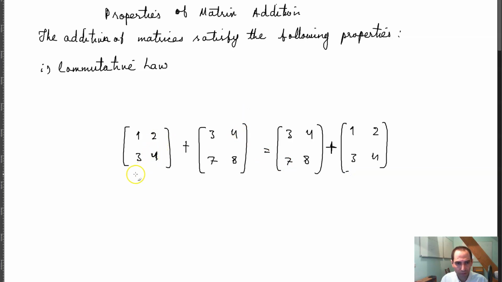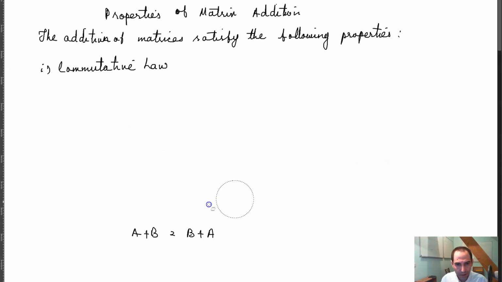So if I call this matrix A and this matrix B, then A plus B is equal to B plus A. Of course, we will prove this. It's pretty easy to prove these for matrices.